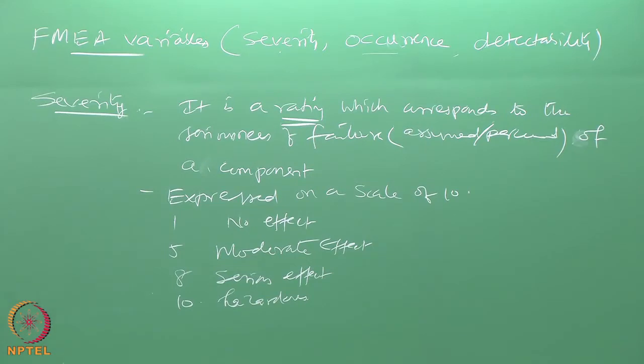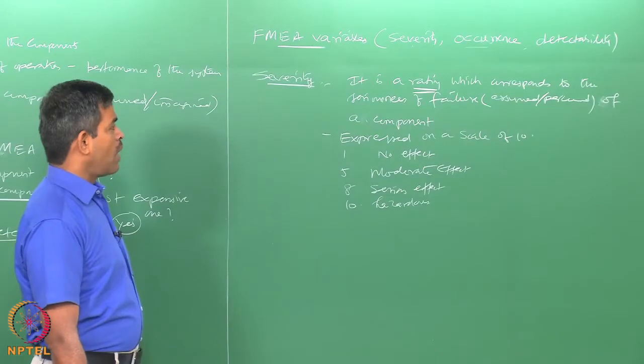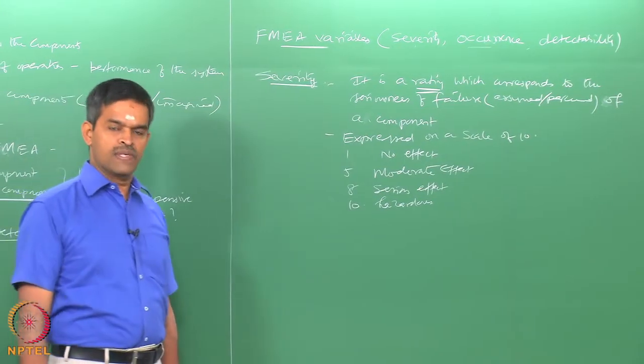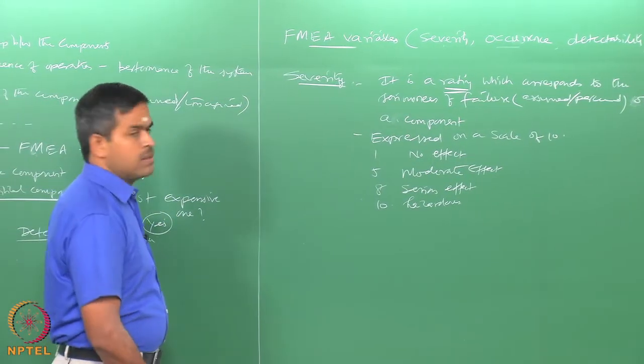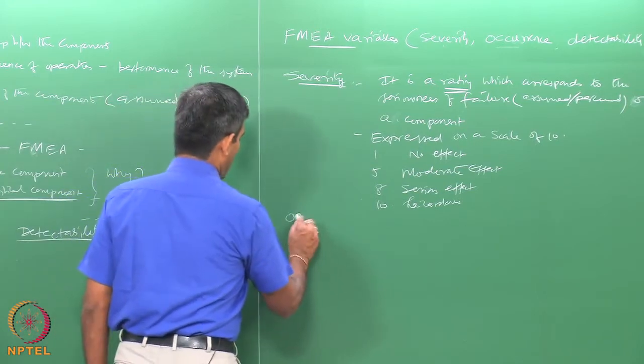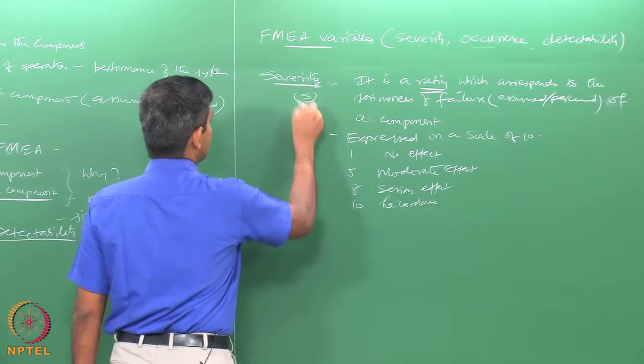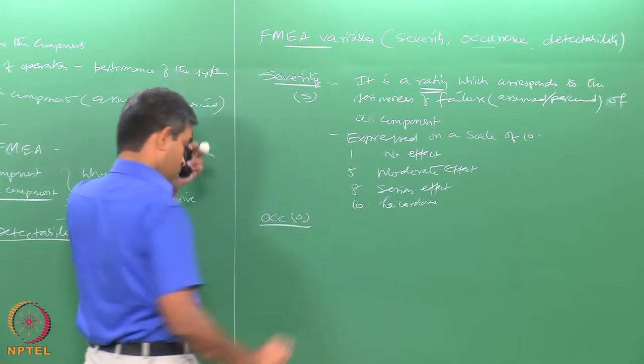One can always give an index number to the severity depending upon how it is going to affect the overall failure of the system. So, the second variable is occurrence. I call this S, this O.